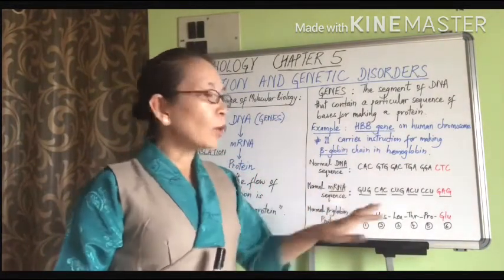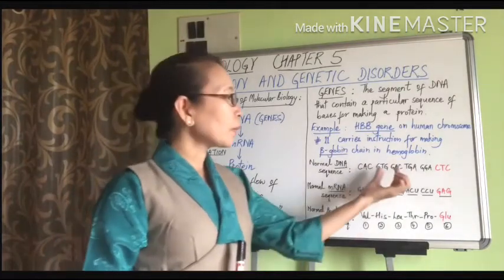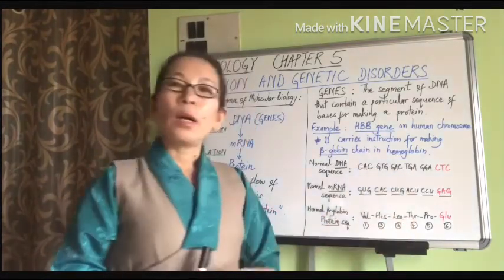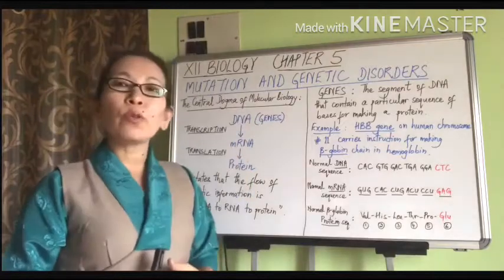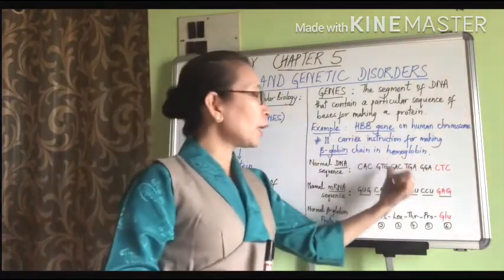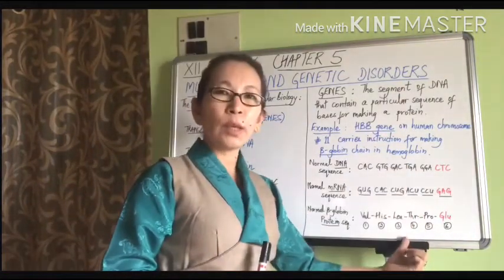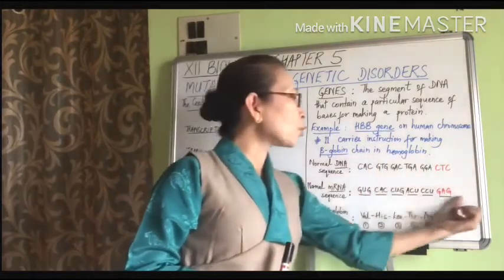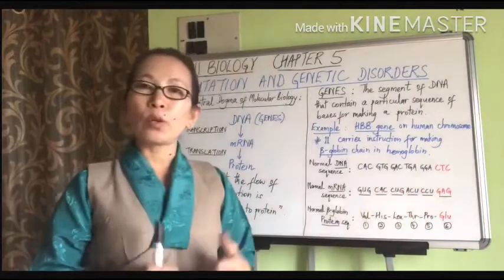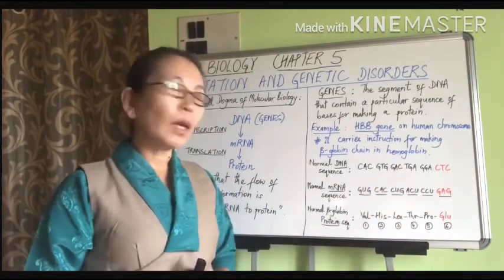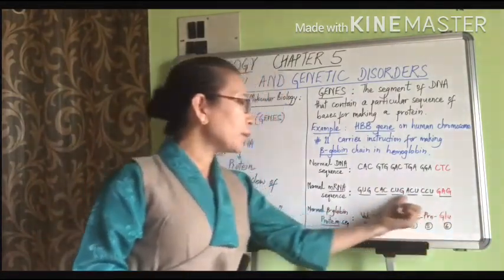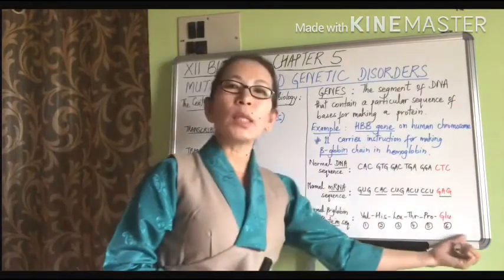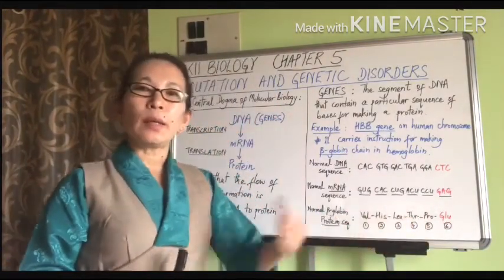So in this way, what we see here is the genetic flow of information from a DNA to mRNA to protein, and the sequence of the DNA, or the codons in the mRNA, ultimately determines the sequence of amino acids in the protein.